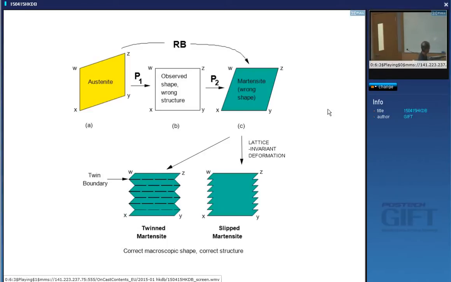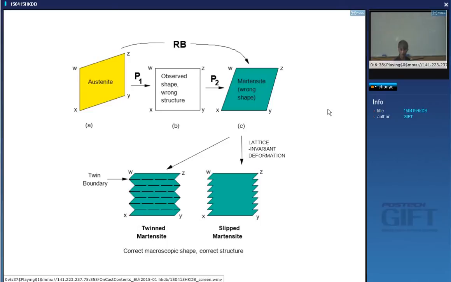This kind of deformation, which doesn't change the crystal structure, is called a lattice invariant deformation, right? That's the term that you find in the literature. So the problem is now completely solved, every aspect of the crystallography, because you see this average plane here can be anything depending on how much shear we have to add in order to correct the shape. Even if these facets here are crystallographically rational, like 1 on 1 and so on, the average plane depends on how much we correct the shape.